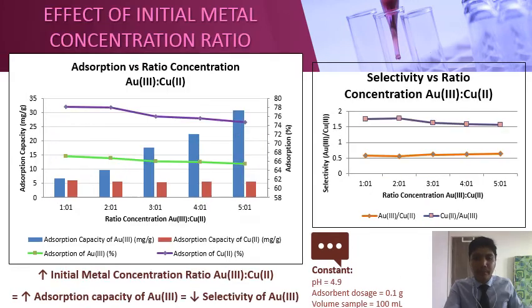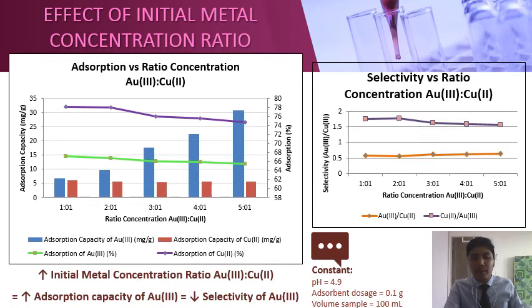For the effect of initial metal concentration ratio, the percentage adsorption for both Au3+ and Cu2+ is decreasing with the increasing of initial metal concentration ratio. The saturation of the PKFAD chitosan beads occurs rapidly because more metal ions bind on the limited number of active sites. For the selectivity, it showed that Cu2+ is more selective compared to Au3+.